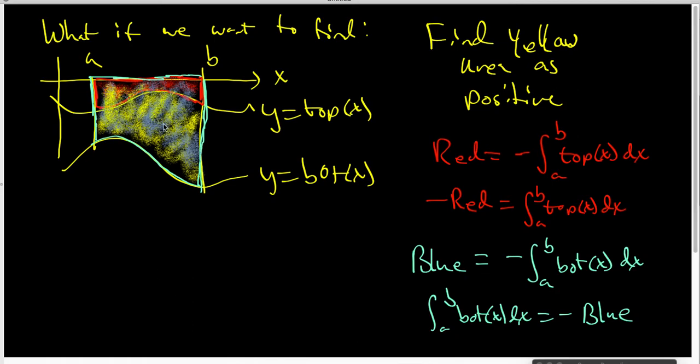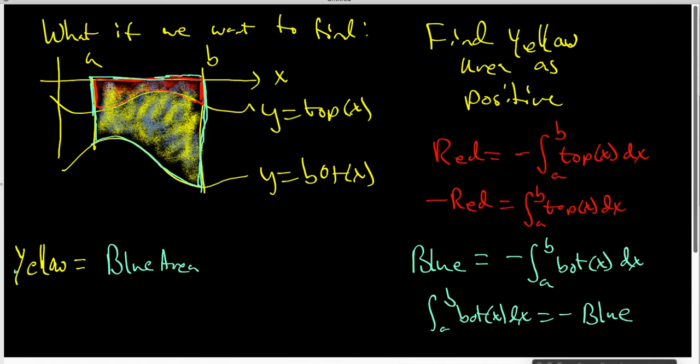Well, now again, what we're going to do is exactly the same thing that we've done before. Our yellow area can be thought of as follows. My yellow area this time can be thought of as the blue area, which is here.